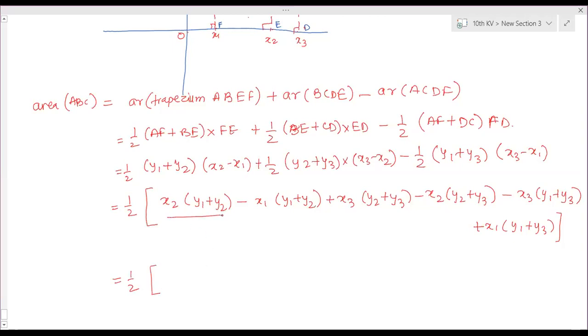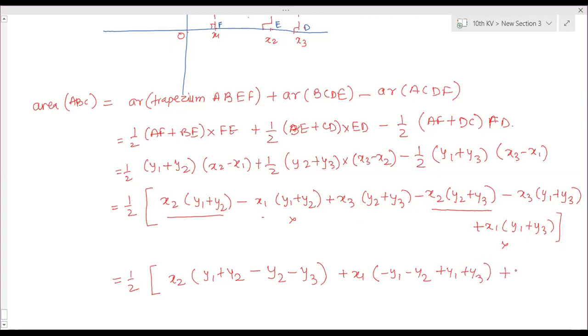Then again simplify inside. This is x2. Where is x2 here? So take x2 common from all of them. x2 in bracket y1 plus y2, now this is minus sign, minus y2 minus y3. Now this is the x1 part, x1 here and x1 here. So plus x1 we will take common, so this minus is applied inside: minus y1 minus y2 plus y1 plus y3.